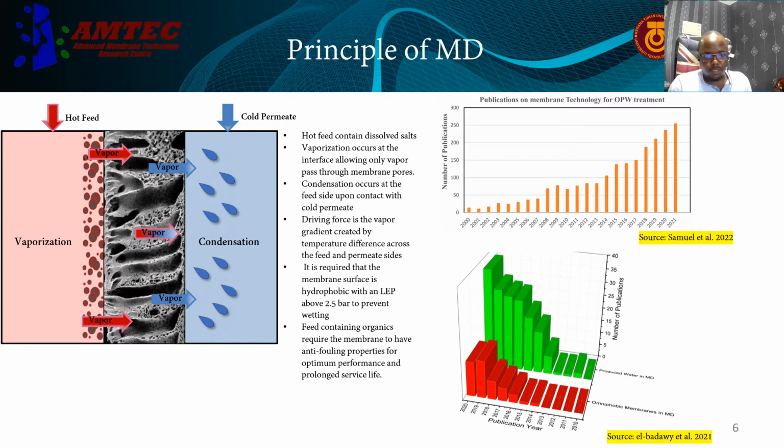The vapor that is generated from the hot feed passes through the membrane, and is condensed by the cold permeate that is being circulated. The driving force is the vapor pressure gradient from the hot side to the cold side, which pushes the vapor across the membrane to the other side, where it is condensed by the circulating cold water.